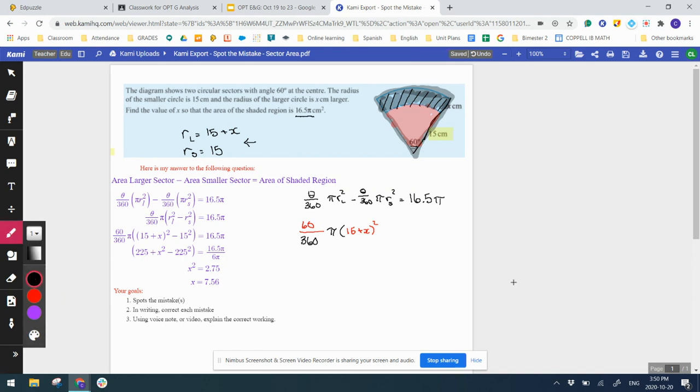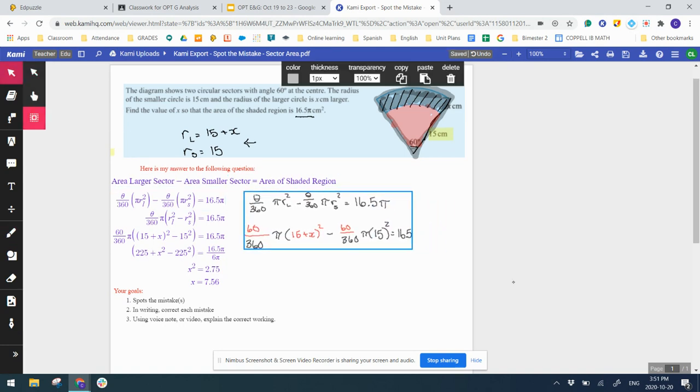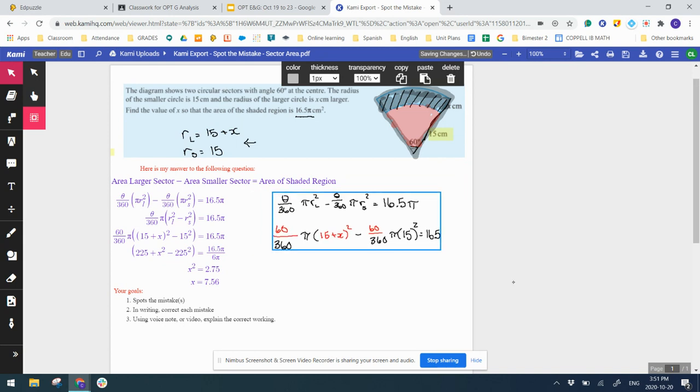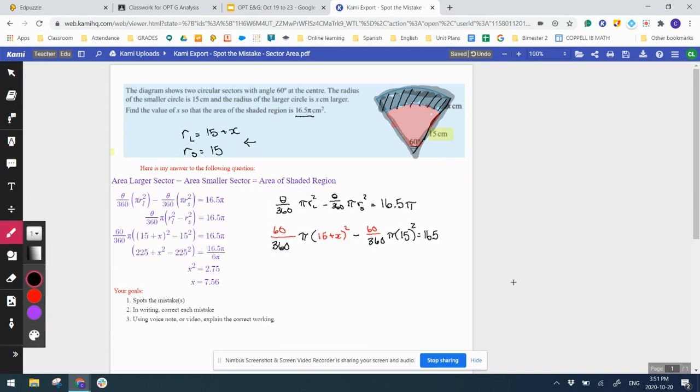Then we want to subtract. Again, I'm subbing in 60 over 360 pi. We want the radius of the smaller circle, which is just 15 squared. We want that to equal 16.5. Let me just move all of this work over. So this is 16.5.